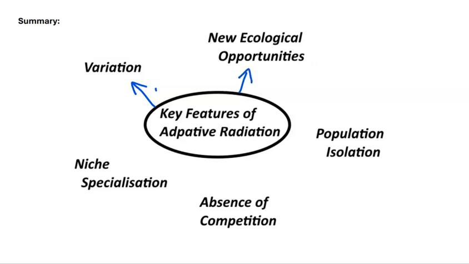Where an animal has the appropriate genetic makeup that it survives well to reproduce successfully in an isolated population, then we have our population isolation, and of course this will quickly lead to reproductive isolation and, of course, speciation.